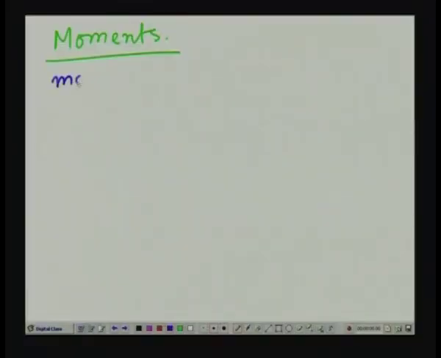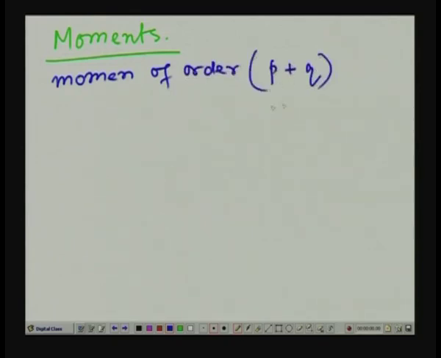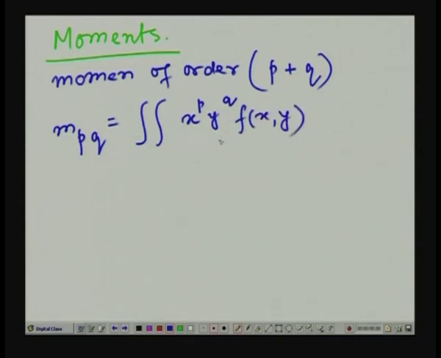So, a moment of order p plus q is defined like this. We have m p q, which is given by x to the power p, y to the power q, f x y, where f x y is the normalized gray level image.